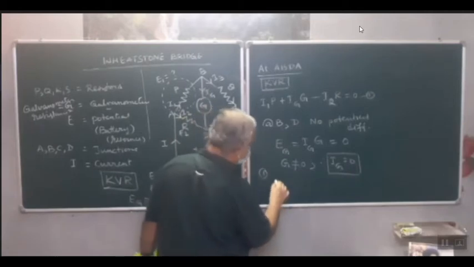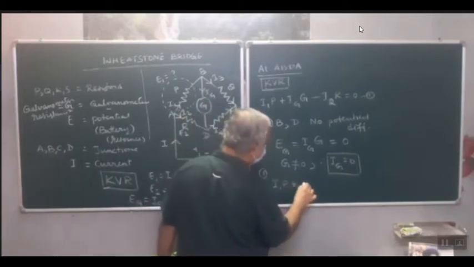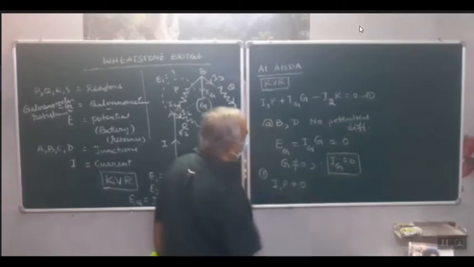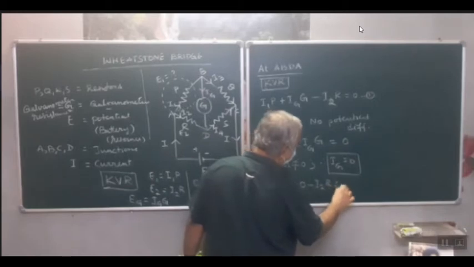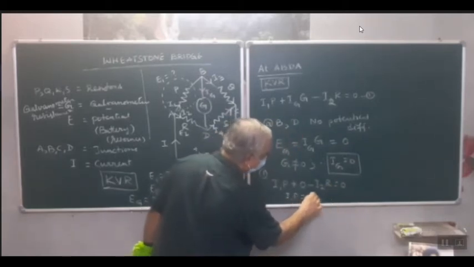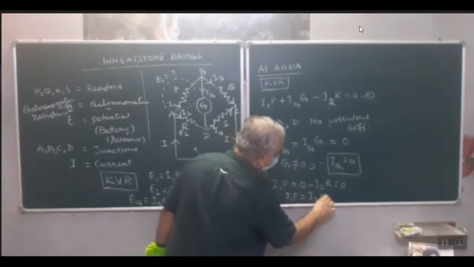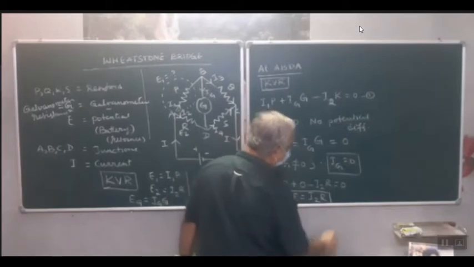So let us consider that equation as equation 2. When this Ig is equal to 0, I1P plus 0 minus I2R is equal to 0.